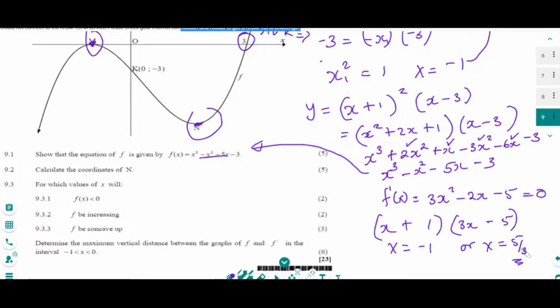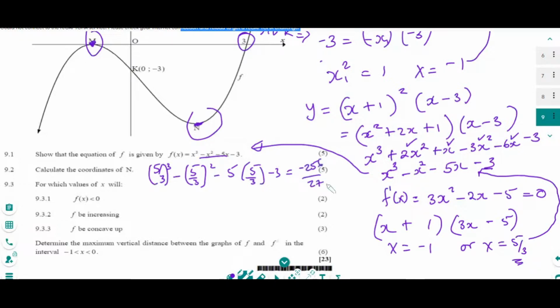Then I'll substitute this 5 over 3 into the original: 5 over 3 cubed minus 5 over 3 squared minus 5 times 5 over 3 minus 3. My y coordinate is going to be negative 256 over 27. So the coordinates of N are 5 over 3 and negative 256 over 27. There we go.